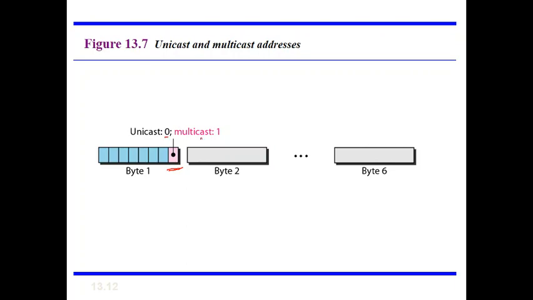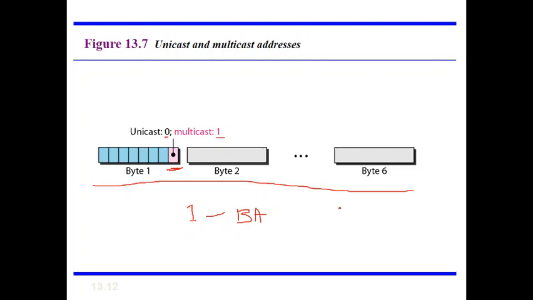If it is 1, then it is a multicast address. If all the bits, that is the entire 48 bits, are 1, then it is a broadcast address.